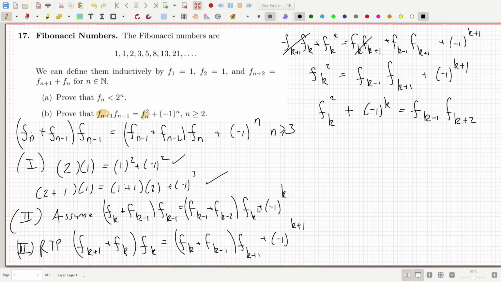Pretty close to it. So what I can do is replace that Fk with Fk. Where is it now?